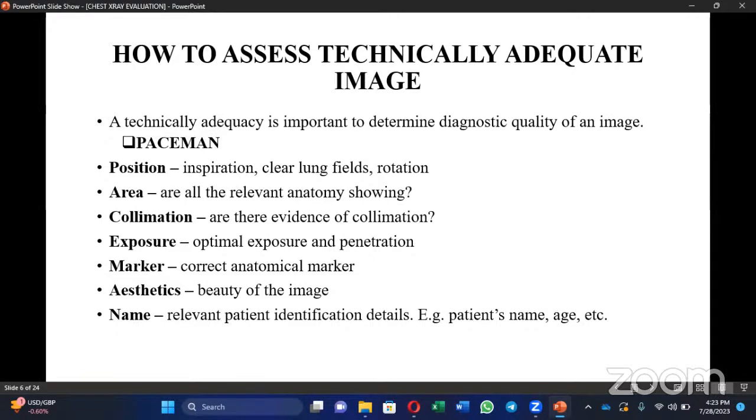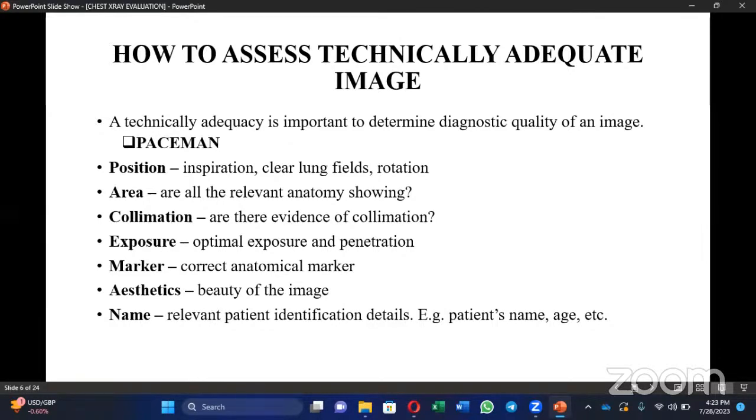The technical adequacy assessment of an X-ray image, okay, helps you to know whether the image has that diagnostic quality for you to proceed with its reading. So it is very important to assess the technical adequacy of any X-ray image when you are going to read the image. Okay, that's the first thing to do.